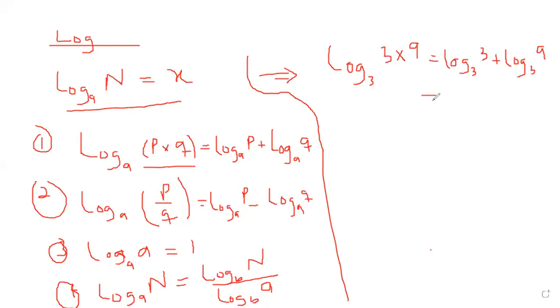This will give us log 3 to the base 3 per this rule here. Log a to the base a is 1. Plus log 9, which is the same as 3 squared.